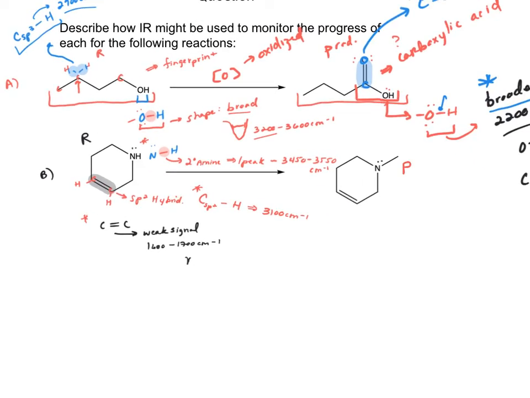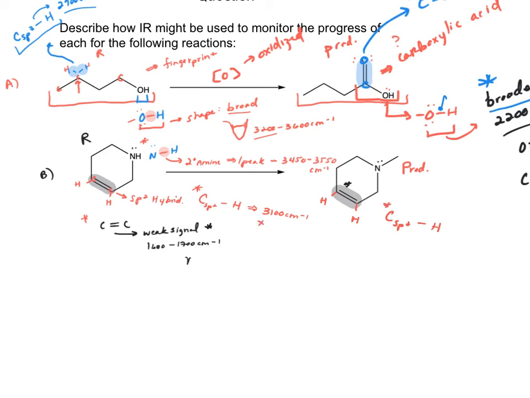When we move to the product, a couple of them are going to stay the same. We still have our weak carbon-carbon double bond signal, so this guy will be preserved over here. We still have our sp2 hybridized carbon-hydrogen bond, so we'd still expect to see this guy.